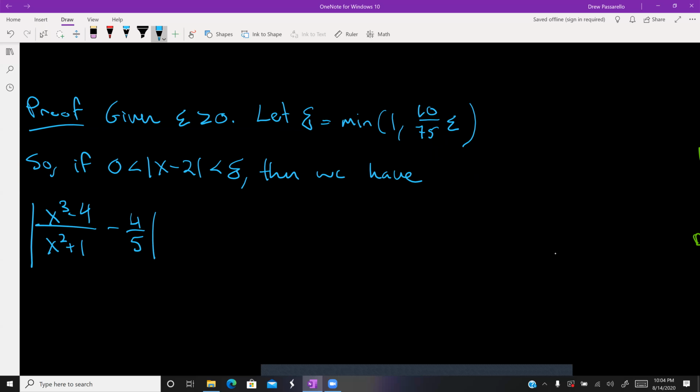All right, this is our f of x minus L. So that's going to be equal to, we did some algebra, and we got it such that the numerator factored into x minus 2 times 5x squared plus 6x plus 12, over 5x squared plus 5.